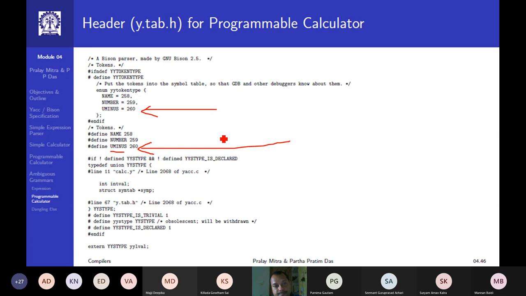So instead of writing U minus every time, I can write 260, and then also I can access that one. It's kind of aliasing. Right? Because here in the macro definition, I am defining U minus as 260. So in all the occurrences during the pre-processing stage, all the occurrences of the U minus will be replaced by 260. And what does 260 mean or imply? That is mentioned here.